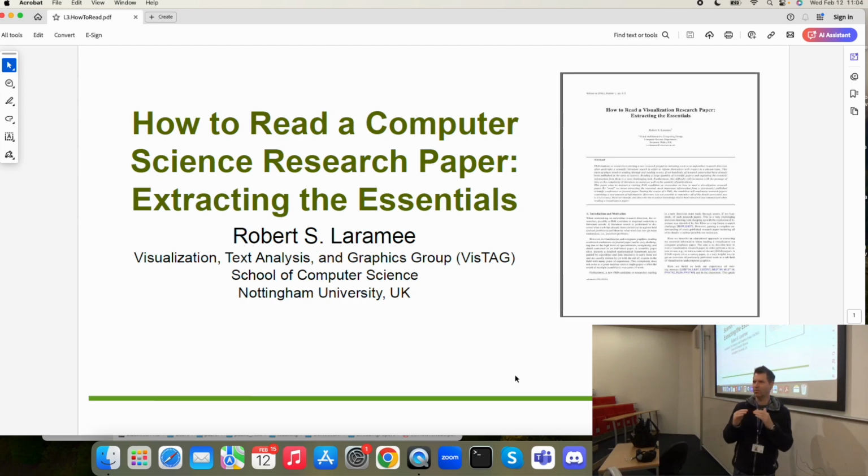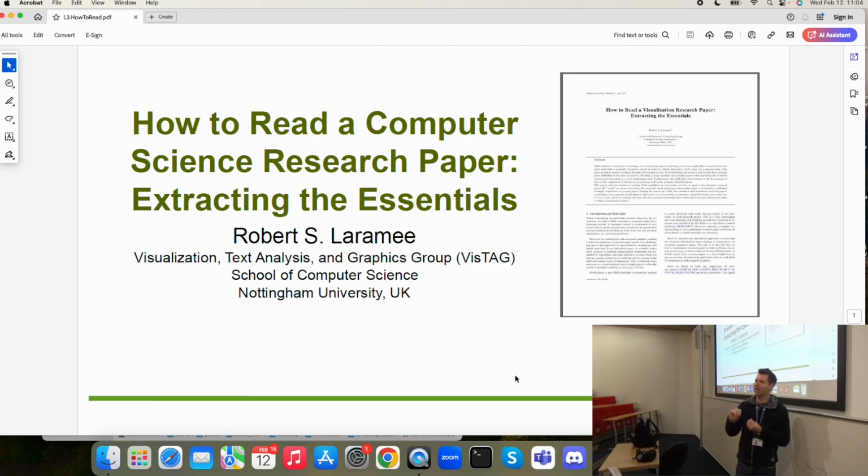You're looking at a research paper, and then you're trying to come up with a list of takeaways. What am I supposed to take away from this? There's so much information and so much complexity here, and that's what we're talking about today. What are we looking for when we read a research paper? What's the takeaway? And we call it extracting the essentials.